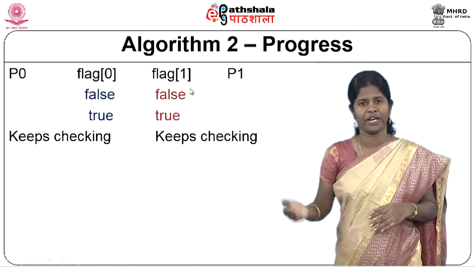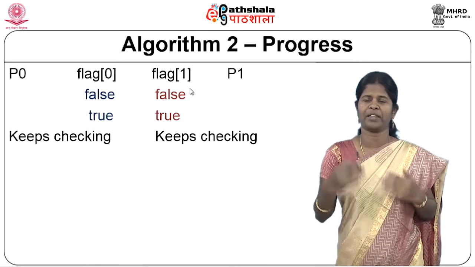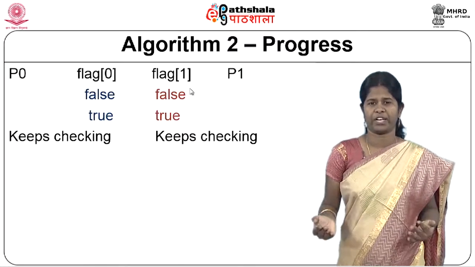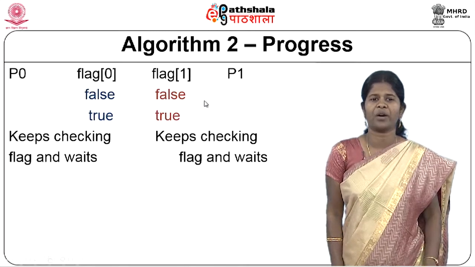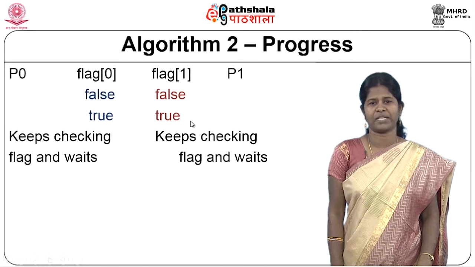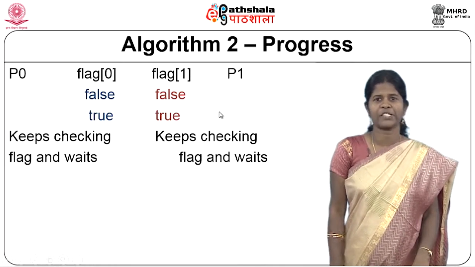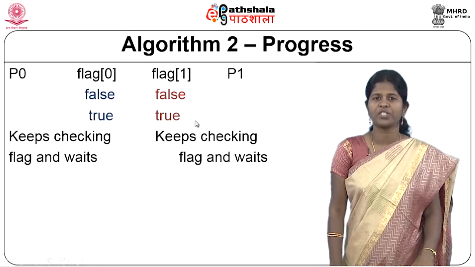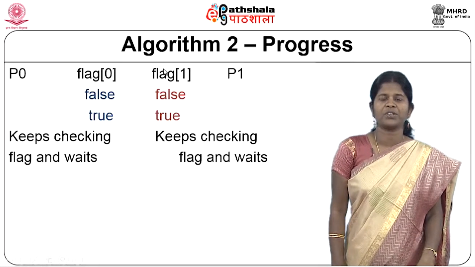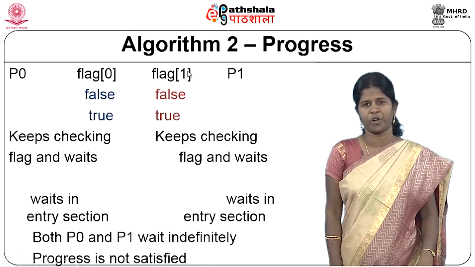This goes on indefinitely. Both the processes are in the entry section indefinitely. So, our condition progress is not satisfied. Though this algorithm satisfies mutual exclusion, it does not satisfy progress. So, it cannot be told as a proper solution to the critical section problem.